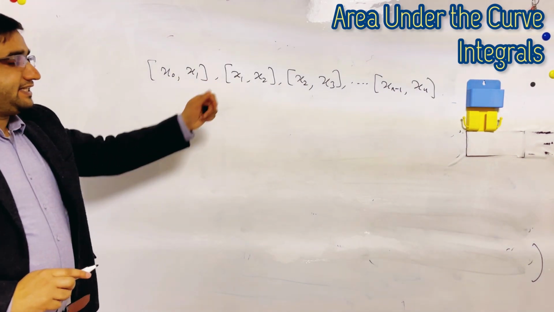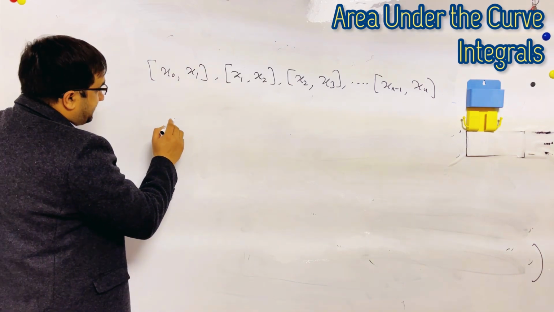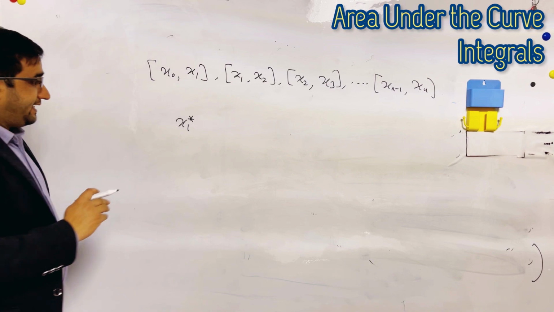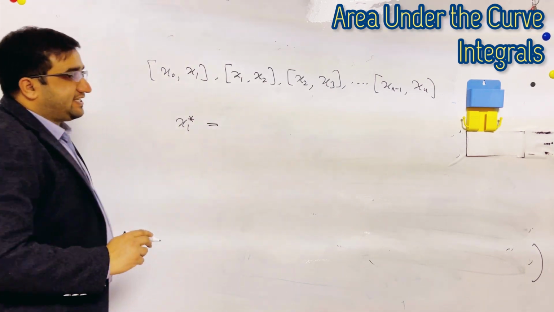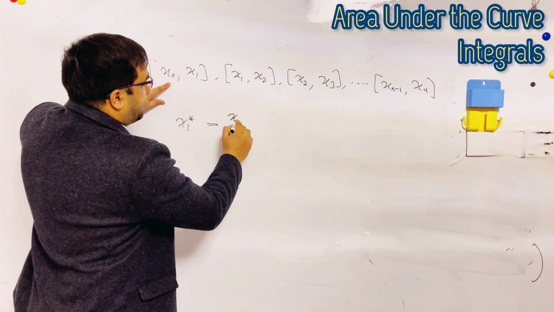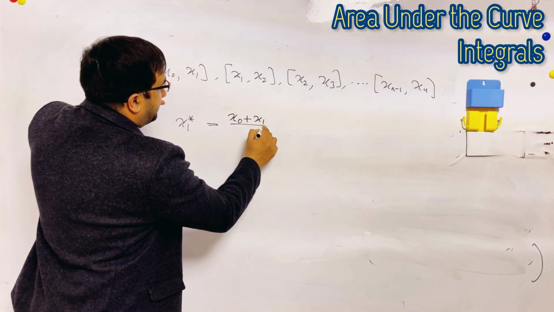Suppose x1 star is a point which is the midpoint of these two numbers, that is x0 plus x1 divided by 2.